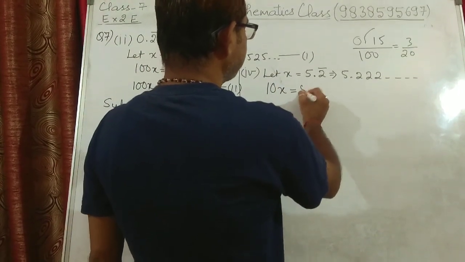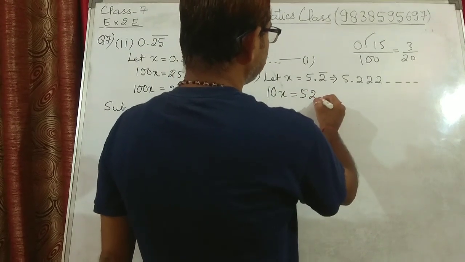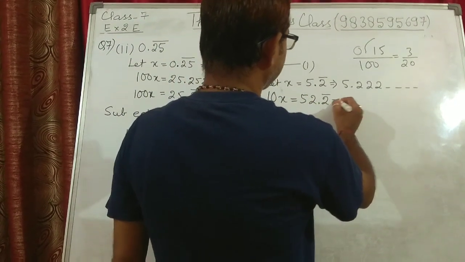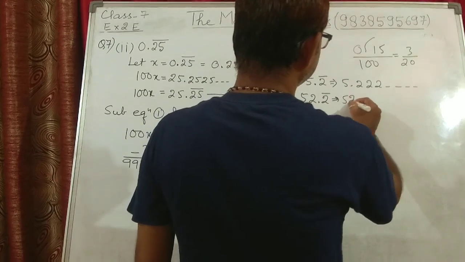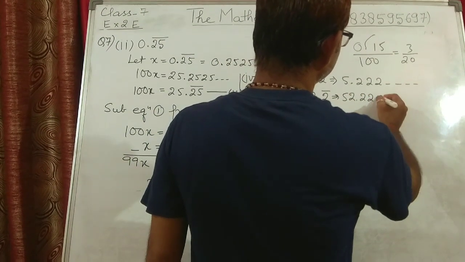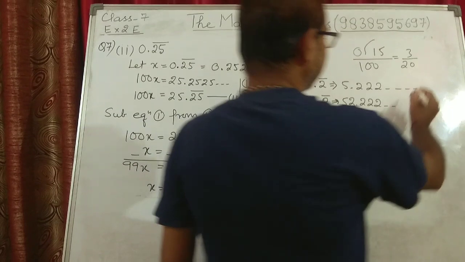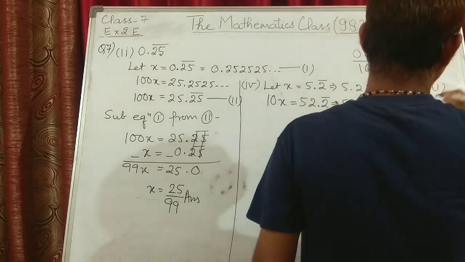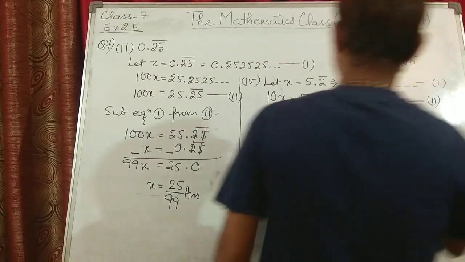So 10x will be 52.2 bar, or you can say 52.222 and so on. Again, let us name this equation number 1. This is equation number 2.